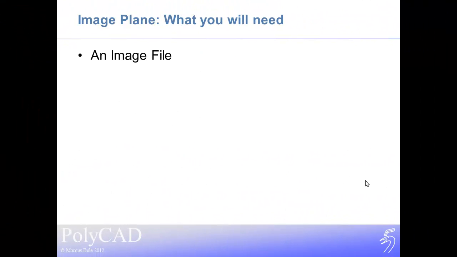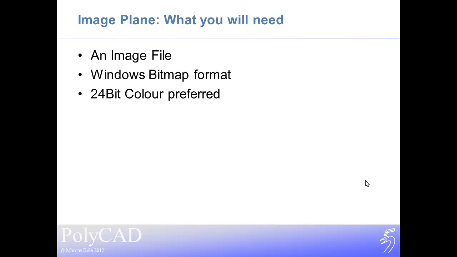So the information that you'll need is, obviously, an image file. This should be in Windows bitmap format at present. The preferred color depth should be 24-bit. 24-bit is used internally, so if you don't use that format, the system will convert it.